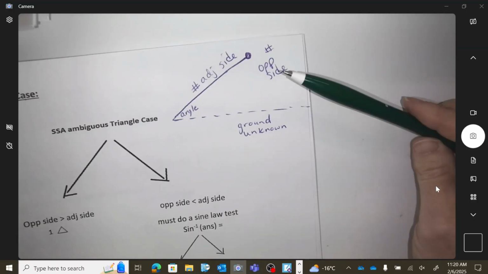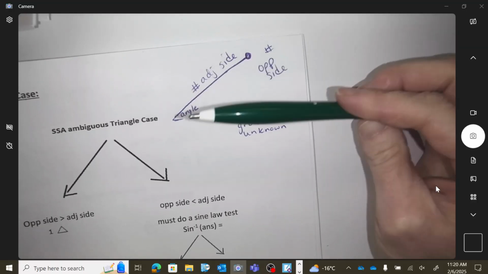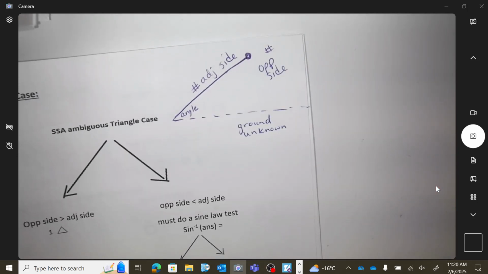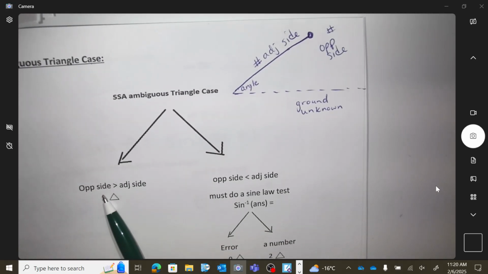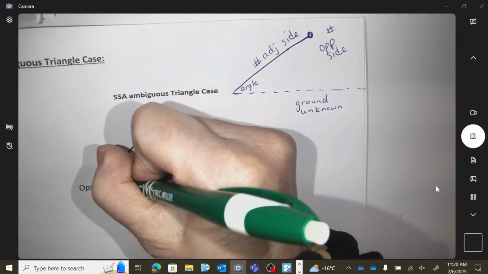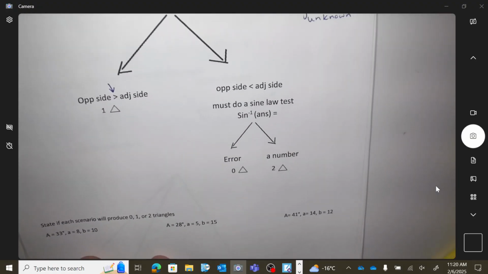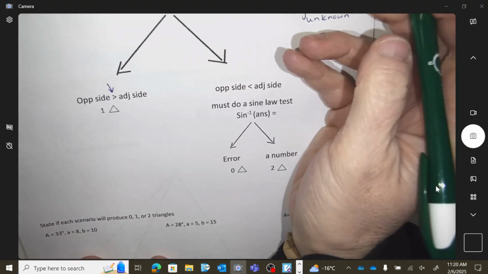So you're always going to be going opposite side given, adjacent side given, angle given. SSA. Okay, here we go. Opposite side is, do we know what that symbol means? Greater than the adjacent side. It's going to make one triangle.